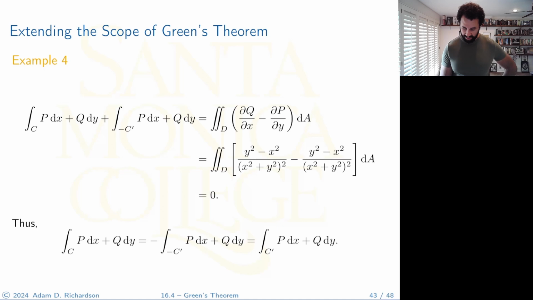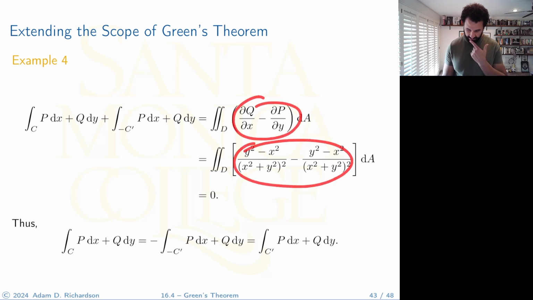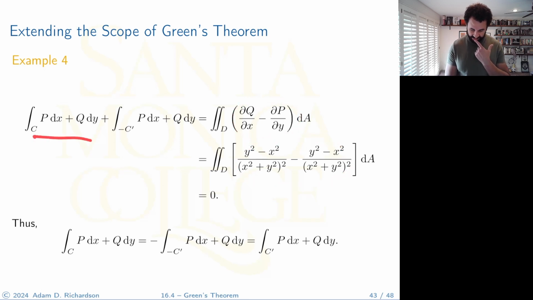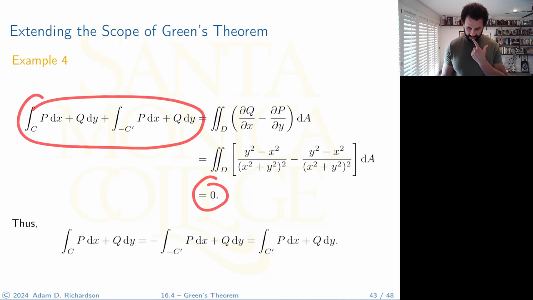Okay, but now we can compute these values, just computing those partial derivatives, and this is definitely going to be 0, right? Yep, these will cancel each other out. Because this is equal to 0, that means these two things have to be equal but opposite in sign.